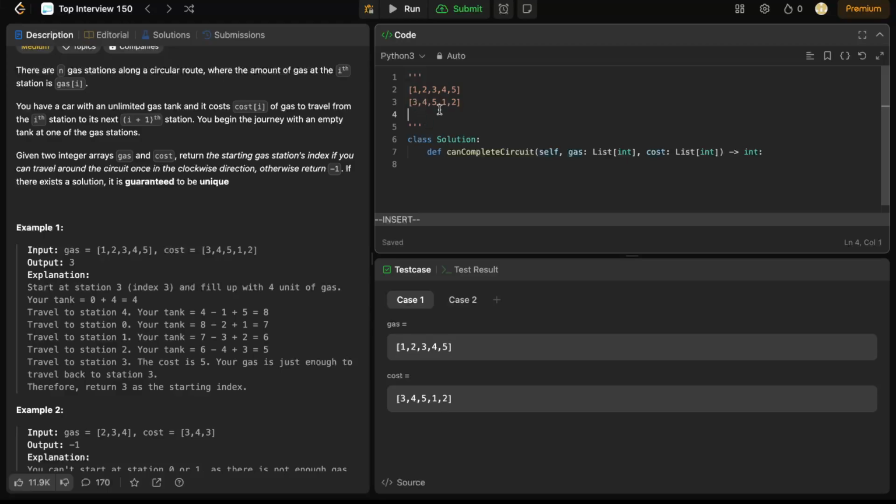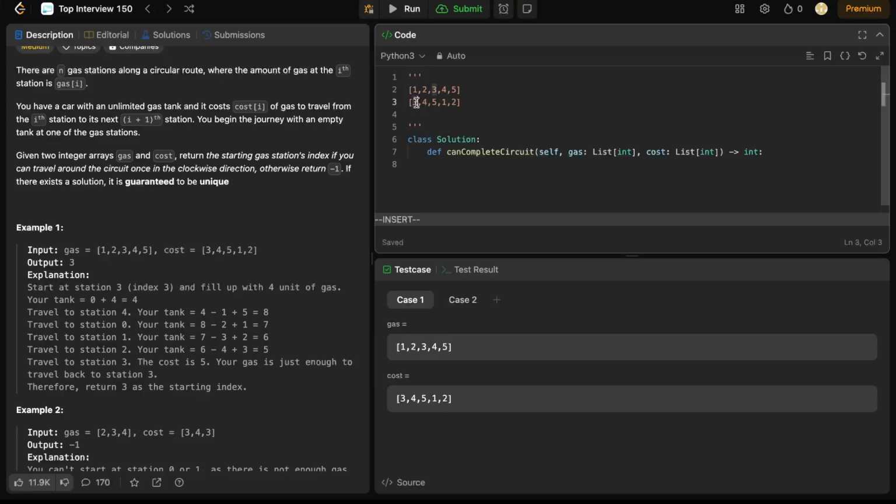And the important thing here is that this cost, to travel to the next gas station, we have to ensure that the gas it takes us to go to the next station is possible. So one thing we can clearly see is that, for example, if we started at gas station number 1, which would be the 0th index, we could at most get 1 unit of gas.